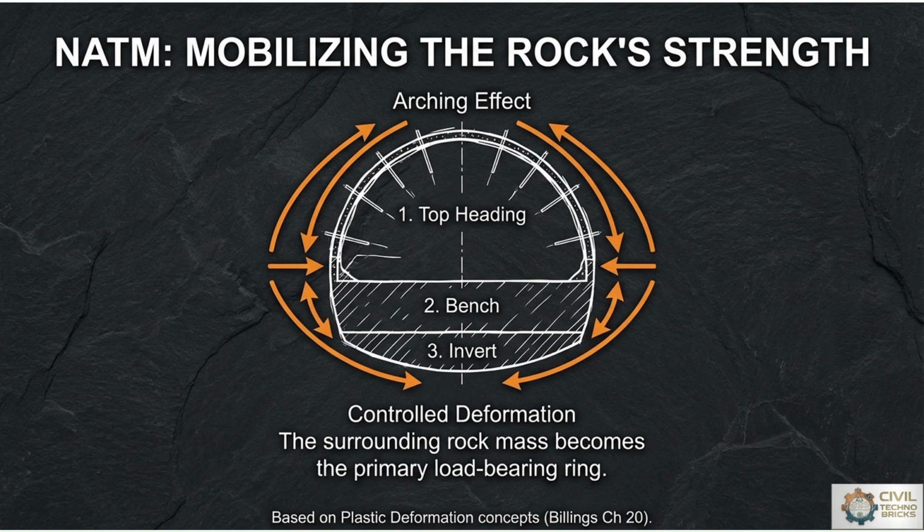So we can use that whole area of the tunnel where the external forces are acting on it continuously. We have to control the deformation by using grouting methods or bolting methods, so that the surrounding rock mass becomes the primary load bearing ring, or that whole ring can sustain all the loads.